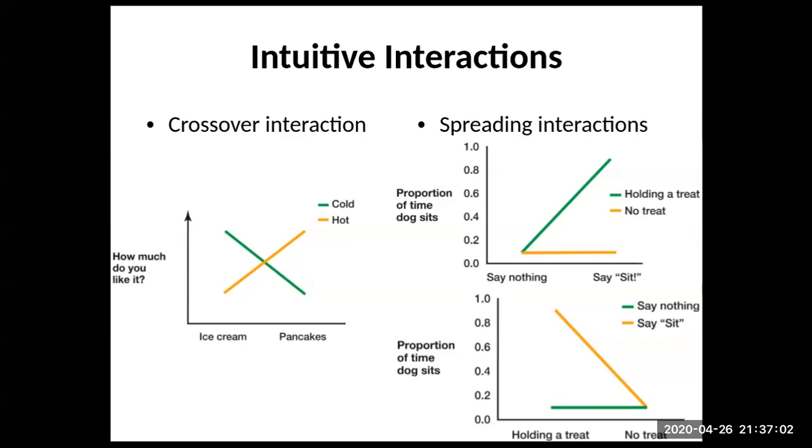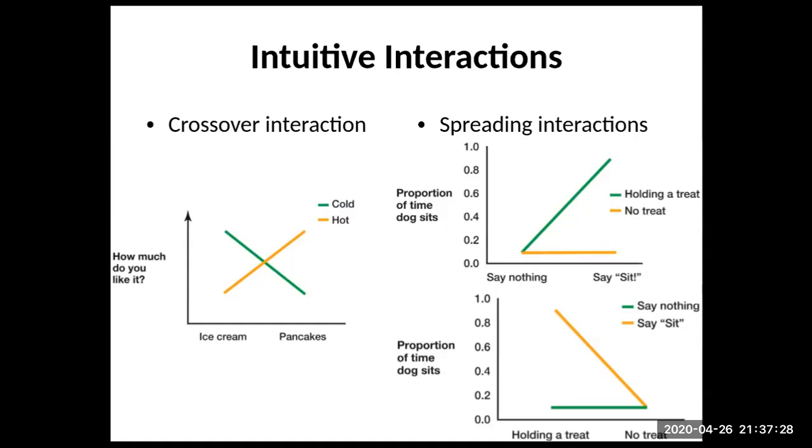So what would happen if you were to switch the axes? So now holding a treat and no treat is on the bottom, and saying nothing is in green, saying sit is in yellow. If you're not holding a treat, even if you say sit, you see that there's nothing happening. If you're holding a treat and you say nothing in green, or no treat and say nothing, you see that there is a straight line there.